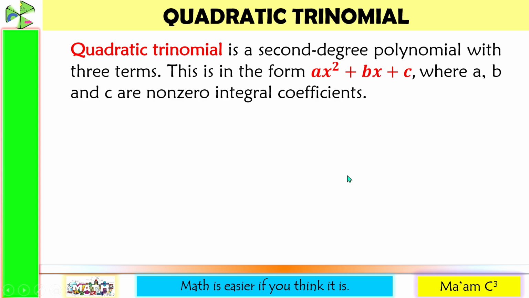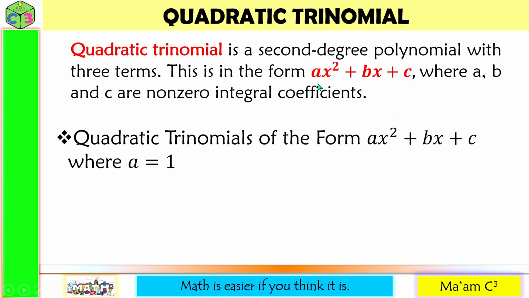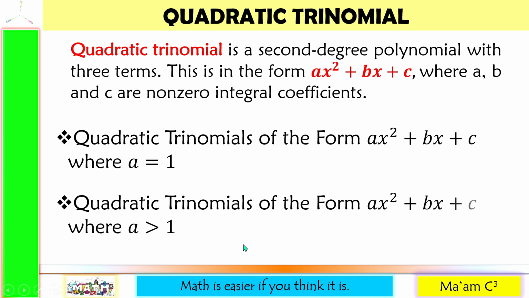There are two types of quadratic trinomial. The first one is the form ax squared plus bx plus c, where a is equal to 1. Meaning you will not see any constant here because it is just 1. And in math, we don't write it anymore if the numerical coefficient is 1. And another one is a quadratic trinomial where a is greater than 1.